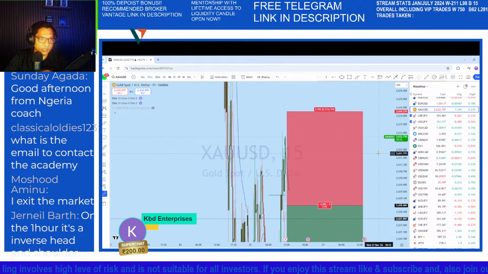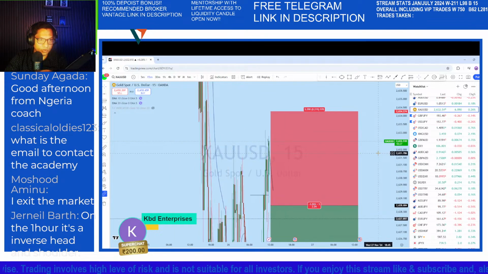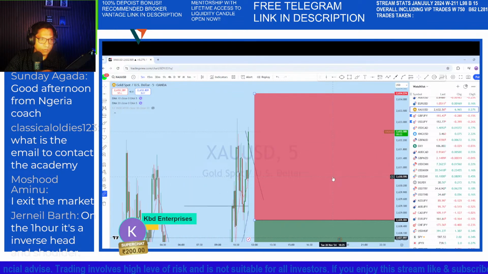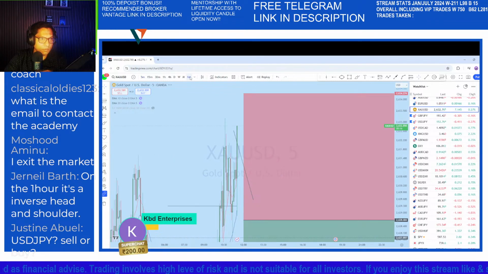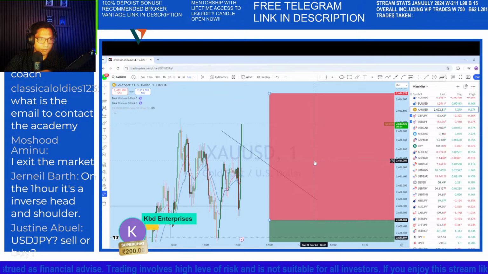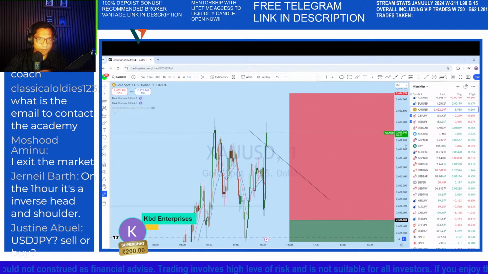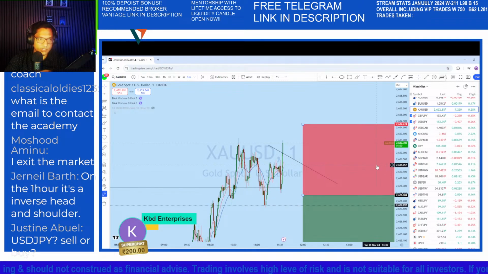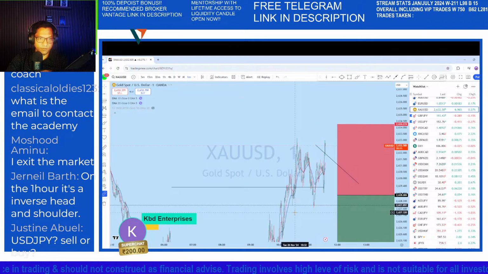If you look at the 30 minutes, we can see the market basically trying to move back up. The question is, is it trending again, or this is a very crucial level at the moment.